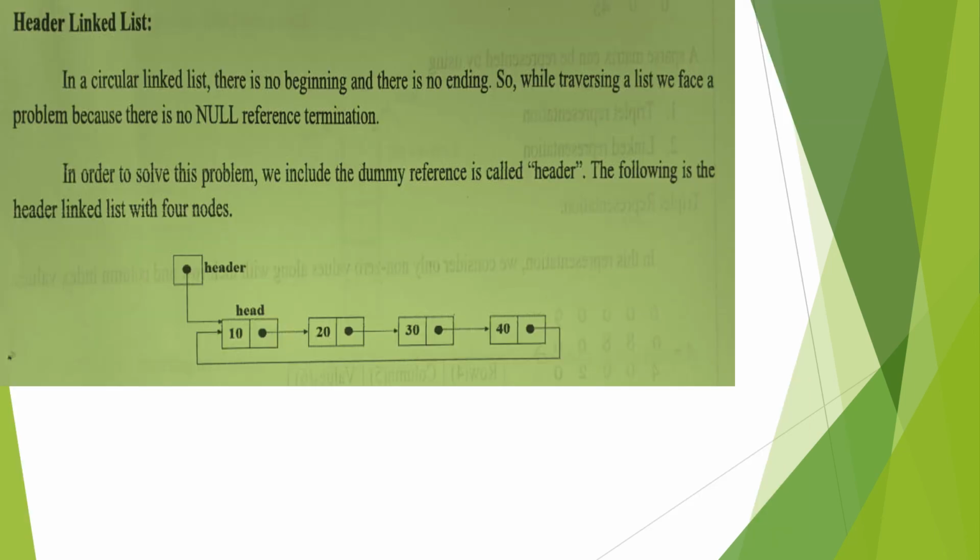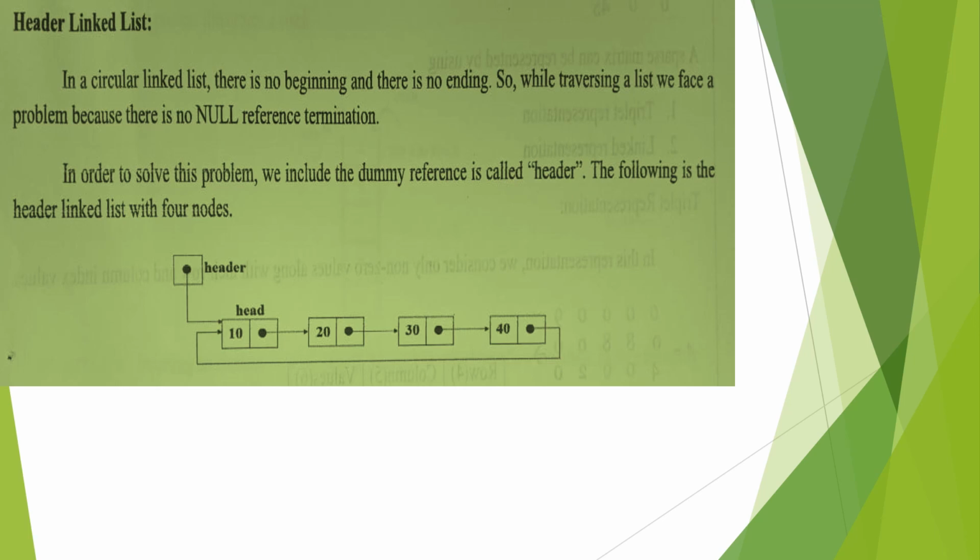Next one is the header linked list. In a circular linked list, there is no beginning and there is no ending. Since there is no ending and beginning, we will face a problem while traversing, because there is no null reference or termination.